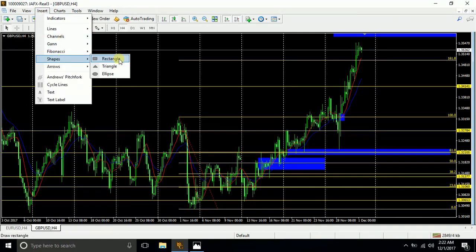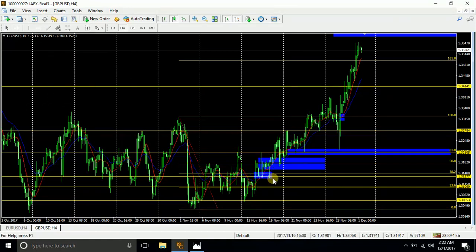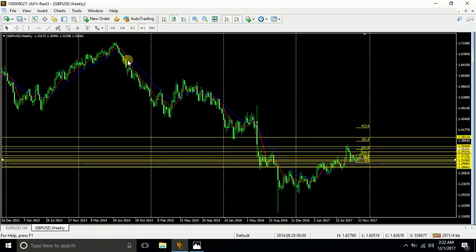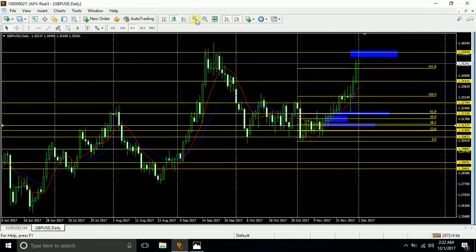We got a cross right here at the 31.8. So we know we're still headed on the upside. But based on this Fibonacci sequence, we can look for price to continue up to possibly the extension.